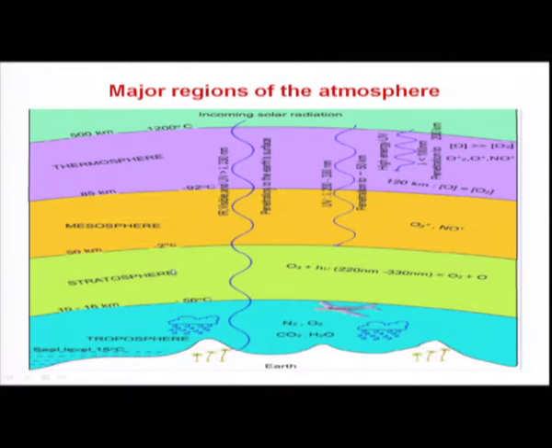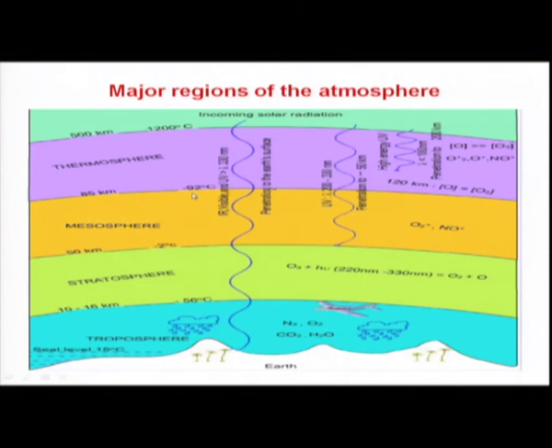With increasing altitude, temperature goes on increasing, and at the top of the stratosphere it is minus 2 degrees, and for some time there is a stratopause. Then again with increasing altitude, temperature drops further, and at the top of the mesosphere it is minus 92 degrees Celsius.